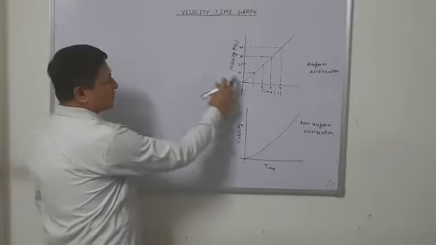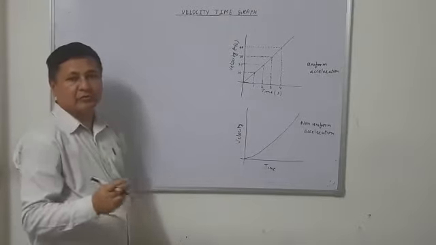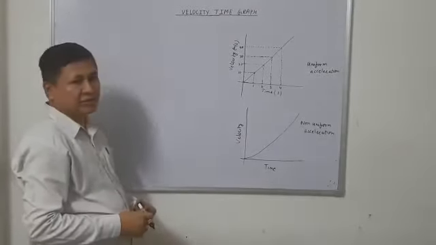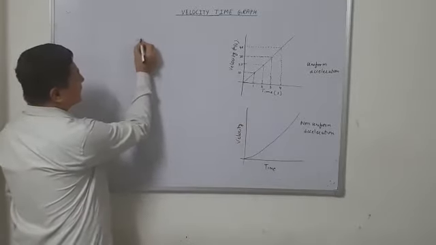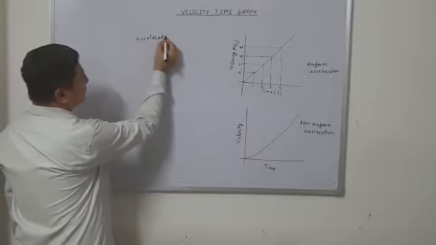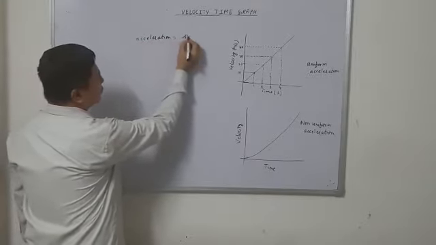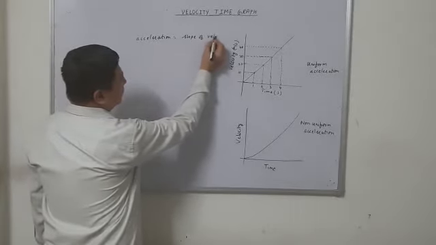Now if we take a velocity time graph and want to find the slope of the line, that is, we want to find the acceleration using the velocity time graph, then the acceleration is equal to the slope of the velocity time graph.